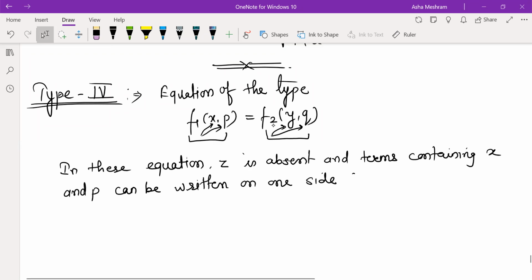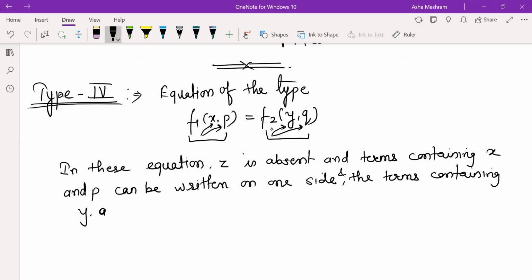And the terms containing y and q can be written on the other side.